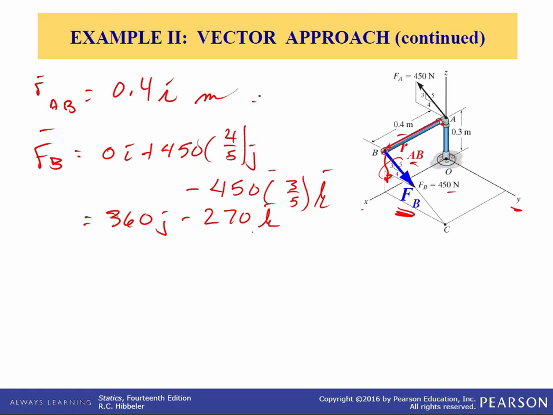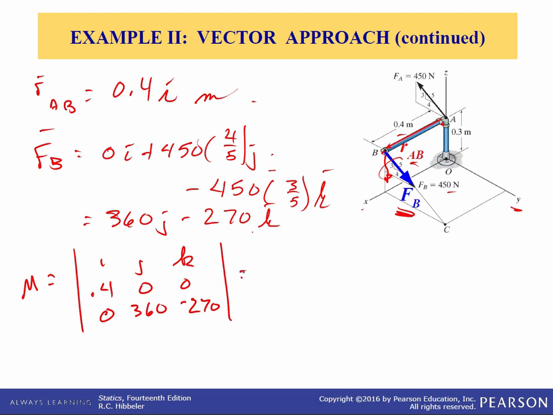So now we've got our r vector and we've got our force vector. So we can set up our matrix as we've done earlier in this chapter. So the moment is i j k across the top row. Second row is the r vector, 0.4 in the i, 0, 0 on the j k. And the force vector is 0, 360, minus 270.